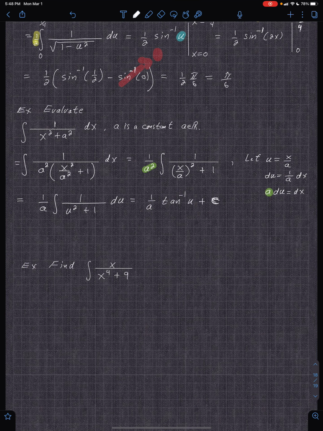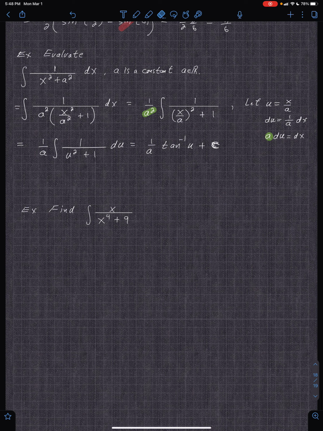And you will see that that is the integral formula. So if you have this form, this is actually the formula that you will be given or use. So actually from here to here. Oh, and then substitute back.